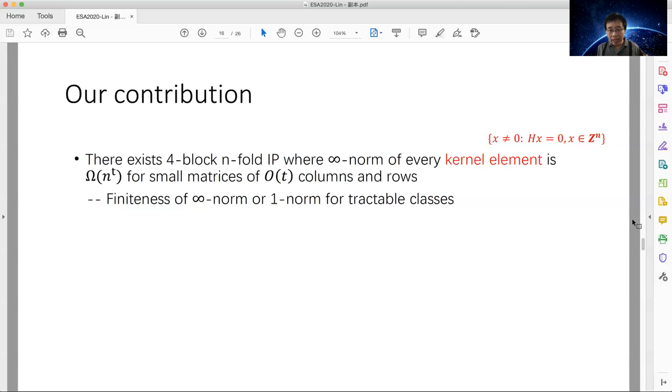In contrast, all the currently tractable classes of block structured integer programs, those which admit an FPT algorithm, are shown to admit a finiteness theorem, which states that any kernel element in those tractable classes can be decomposed into a sequence of kernel elements whose infinity norm, or even one norm, is bounded by an FPT value. This shows a sharp difference between full block n-fold IP and those classes of block structured IP which admit an efficient FPT algorithm.